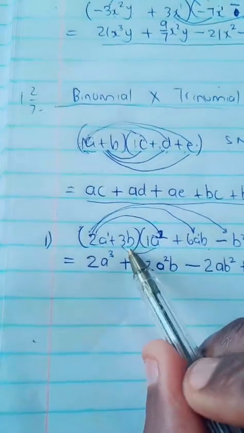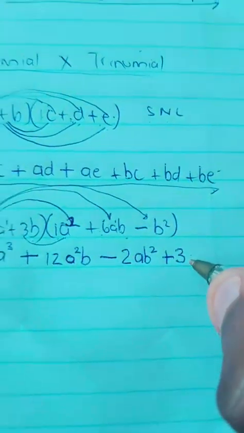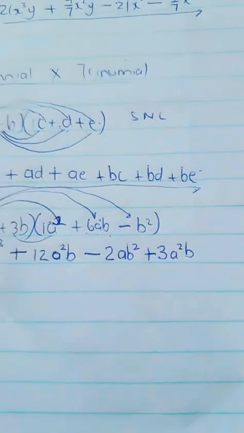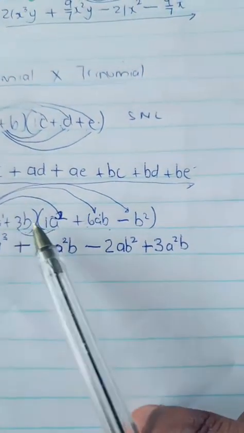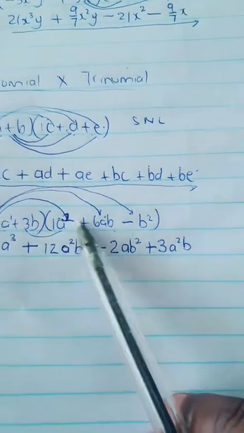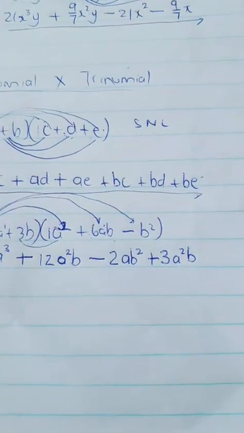Then b times a squared, we can write in the order of the alphabet as a squared b. I just do it for convenience. Write it in alphabetical order. A comes first before b. So a squared b. Even if you said b a squared, that's still fine.